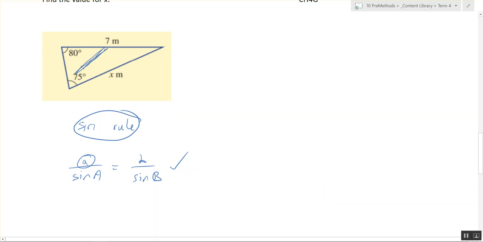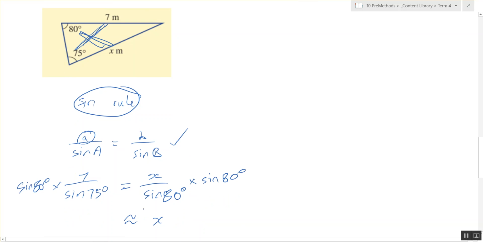So this is A and A. So 7 over sine 75. And B, x over sine 80. Okay. We then bring the sine 80 degrees to the other side. How do we do that? Yep, so we multiply both sides by sine 80 degrees. To your calculator. Gotta have units and 2 dp. Okay, 7.14 meters.